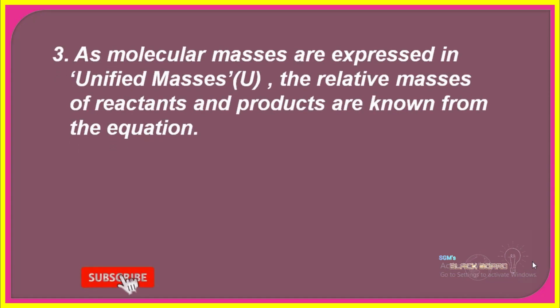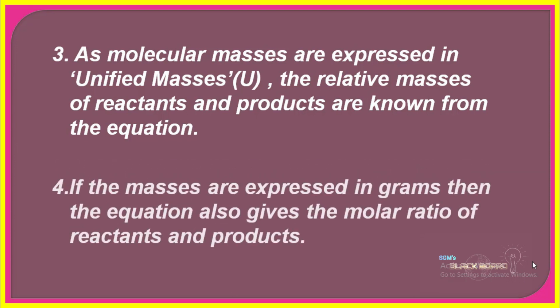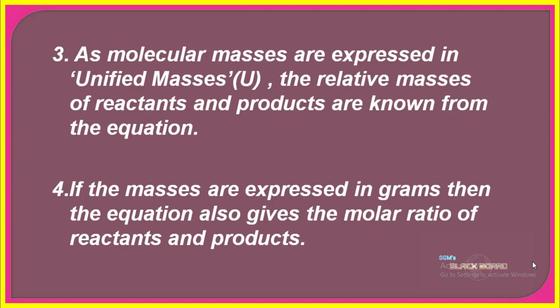As molecular masses are expressed in unified masses, the relative masses of reactants and products are known from the equation. If the masses are expressed in grams, then the equation also gives the molar ratio of reactants and products.